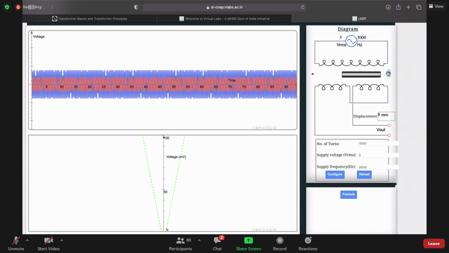What is a LVDT? Sir, it is a linear variable differential transformer, sir. What is the use of LVDT? It is used to find. Very good. Stop sharing.